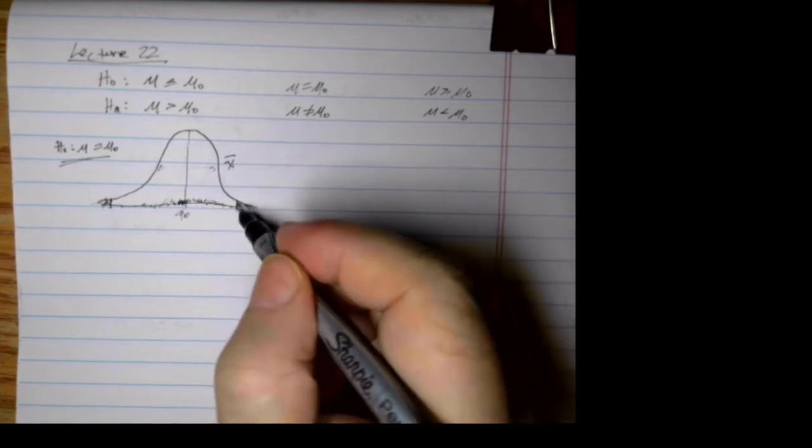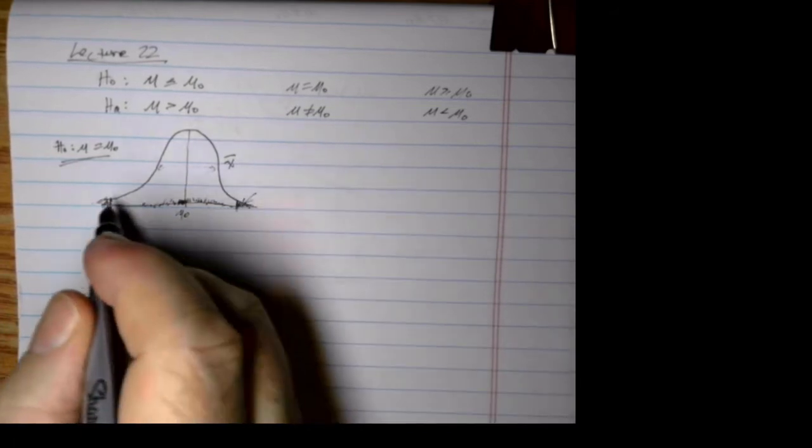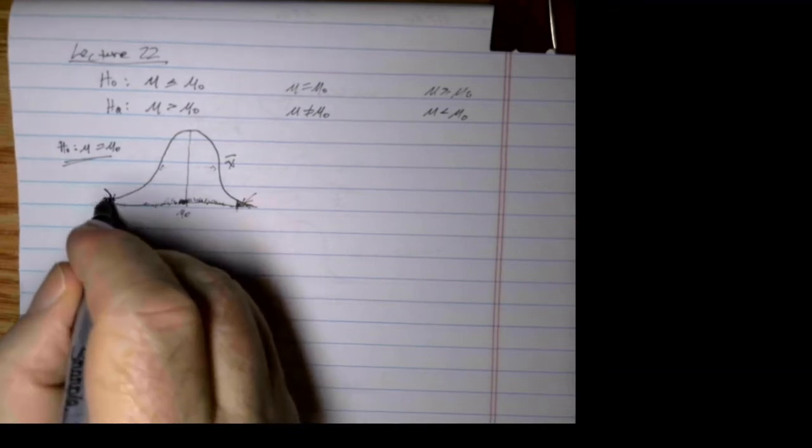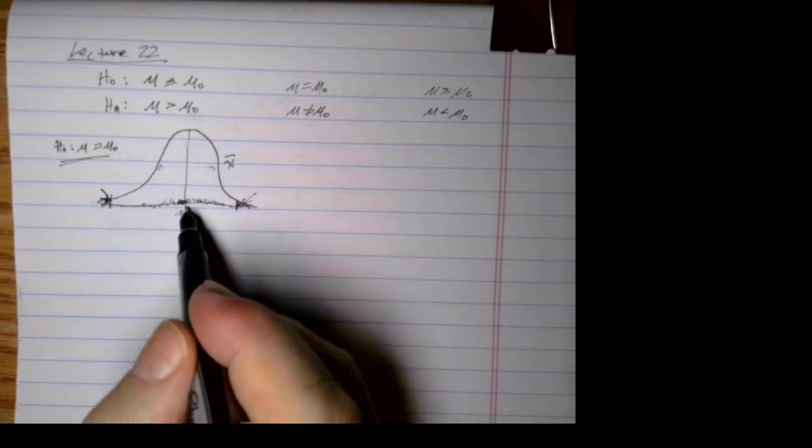The probability of seeing any sample mean for a sample of this size at least as far away from mu naught as the one we actually did see would be this little area plus this little area. In this case, we'll think it's a bad idea if the sample mean is far away in either direction.